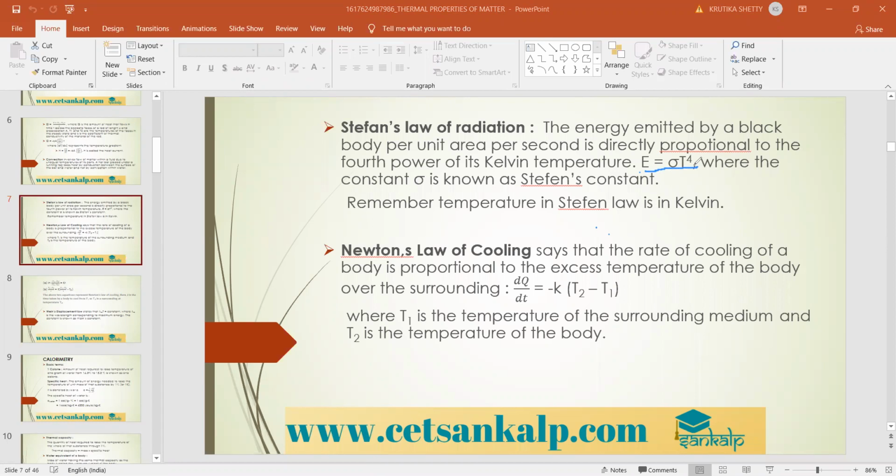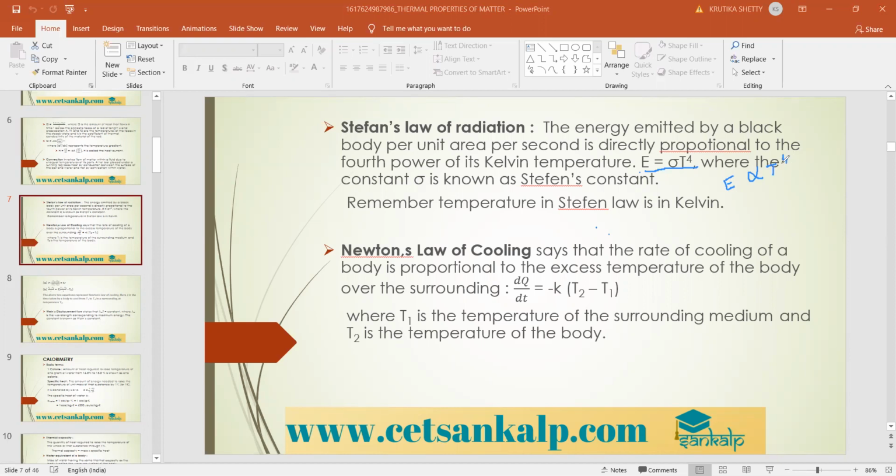That is nothing but energy emitted. So you just compare the equation with the statement. Energy emitted by a black body per unit time and per unit area is directly proportional to the fourth power of its Kelvin temperature. Here actually we write it as E is directly proportional to T to the power of 4.